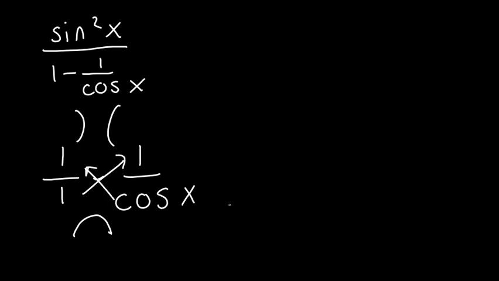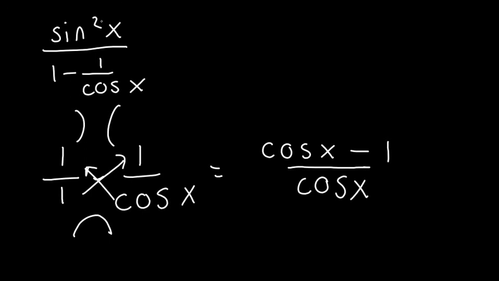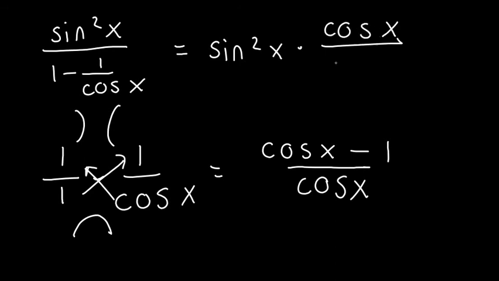You do cross multiplication, and this means that this would just be cosine x minus 1 all over cosine x. And because we're dividing, we're going to multiply this sine squared x by the reciprocal, which means that this is equal to sine squared x times cosine x over cosine x minus 1.